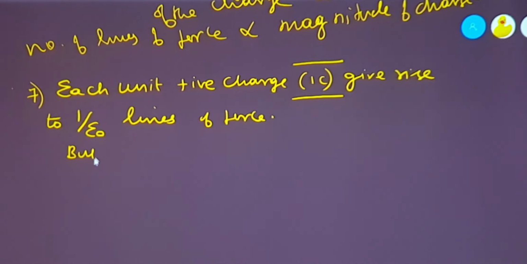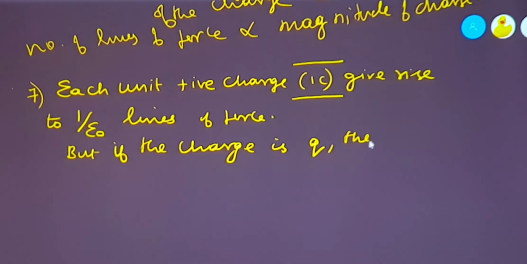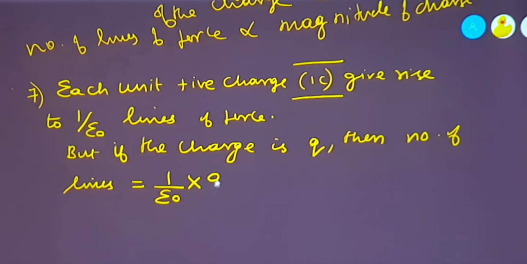But if the charge is Q, then the number of lines is equal to 1 by epsilon 0 times the charge available.